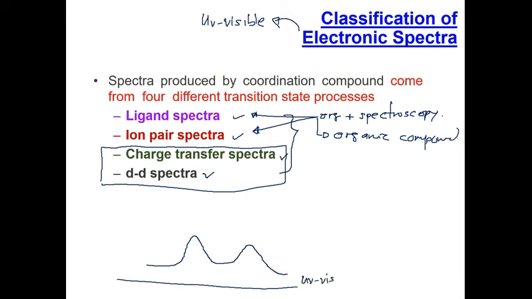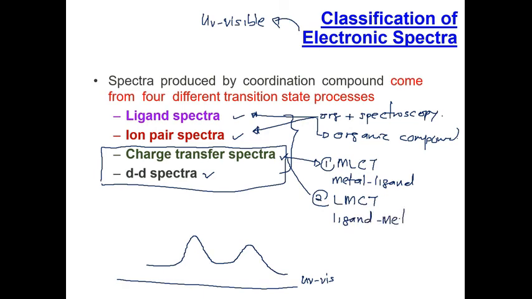For the charge transfer spectra, this will be divided into two categories. The first one we term MLCT, which is the metal to ligand charge transfer. CT is the charge transfer. Another one is LMCT, which is the ligand to metal charge transfer.